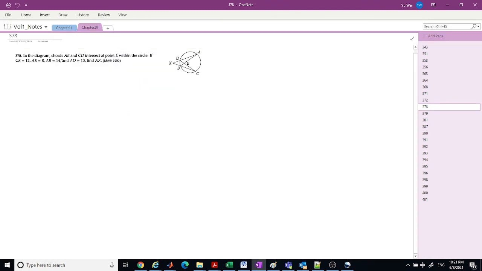So in this diagram we have a chord. Okay, let me draw a big picture.